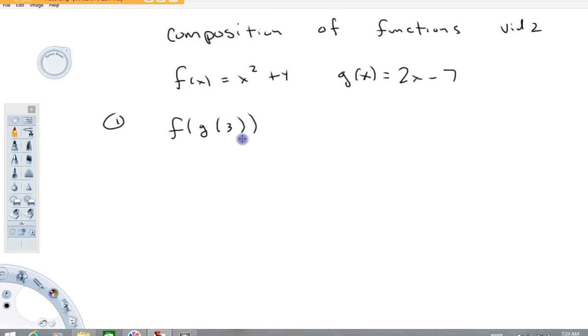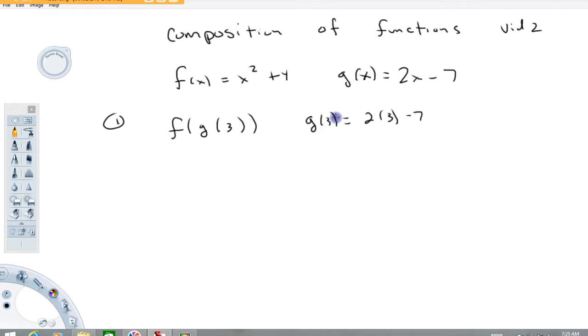Now, there's a couple things we could do here. We could find f of g of x first and then put 3 in, or we can find g of 3 and put that into f. I'm going to do that in this example. G of 3 is equal to 2 times 3 minus 7.